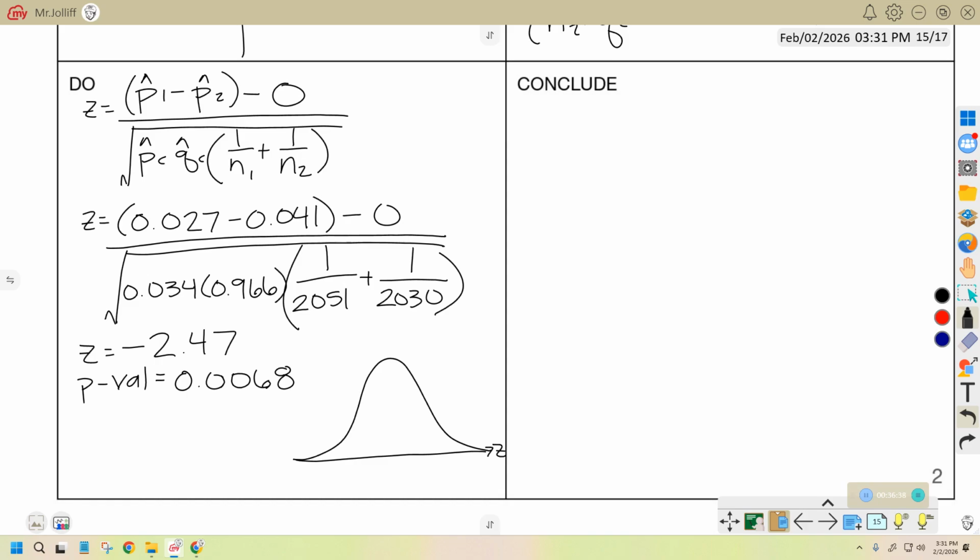It is a standard normal curve because we met the normal condition. We know zero's in the middle, 3 standard deviations out in either direction. Again, we should be practiced enough drawing that curve it comes naturally.